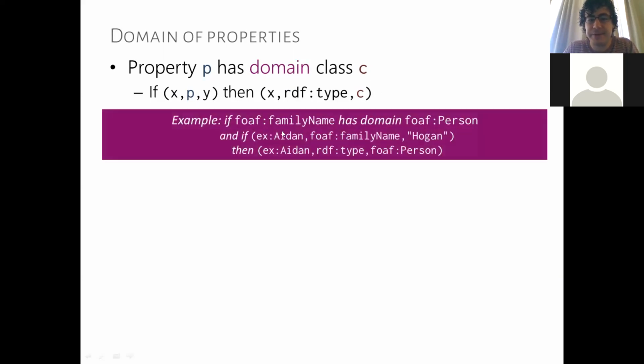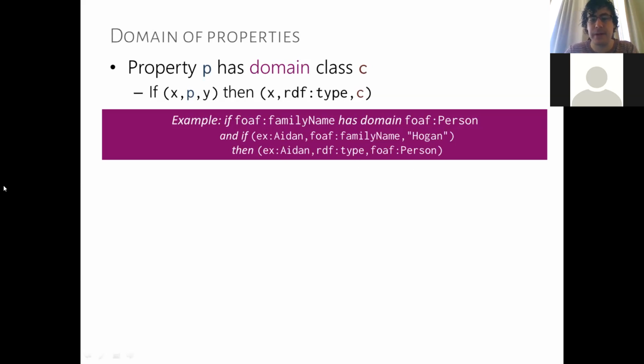So for example, if family name has domain person, so what is FOAF, by the way? FOAF is a standard vocabulary that we use on the semantic web for describing people. So it's a namespace that defines some personal information about people. So if we have that family name has domain person, and if we have that Aiden family name Hogan, then we have Aiden type person.